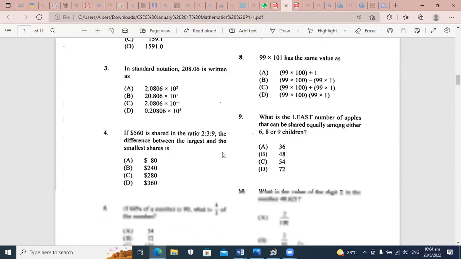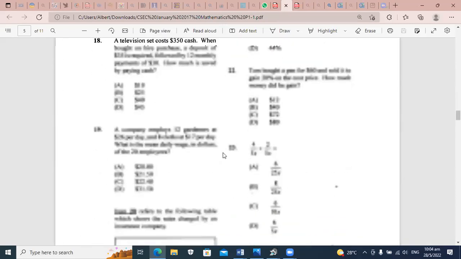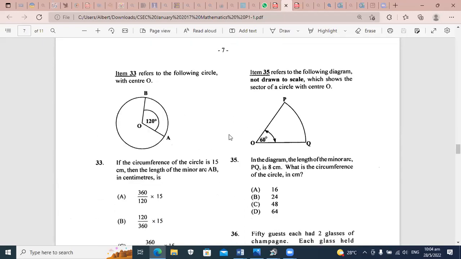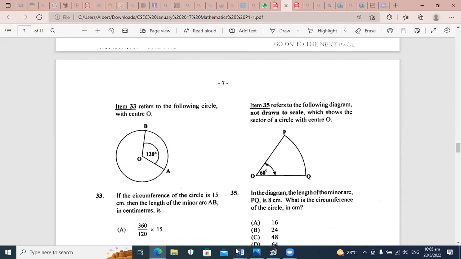All right, so let me just do some measurement multiple choice. This question, question 33, is actually talking about the length of a minor arc. So let me just explain something to you.